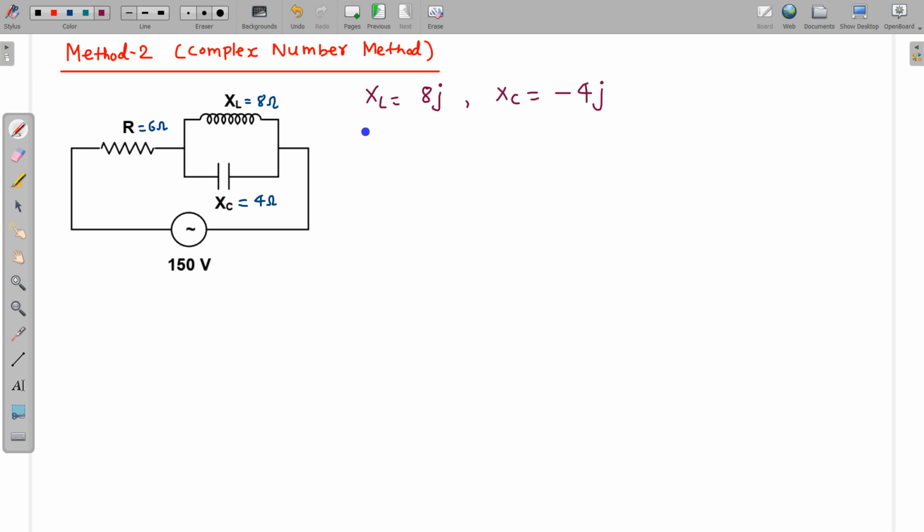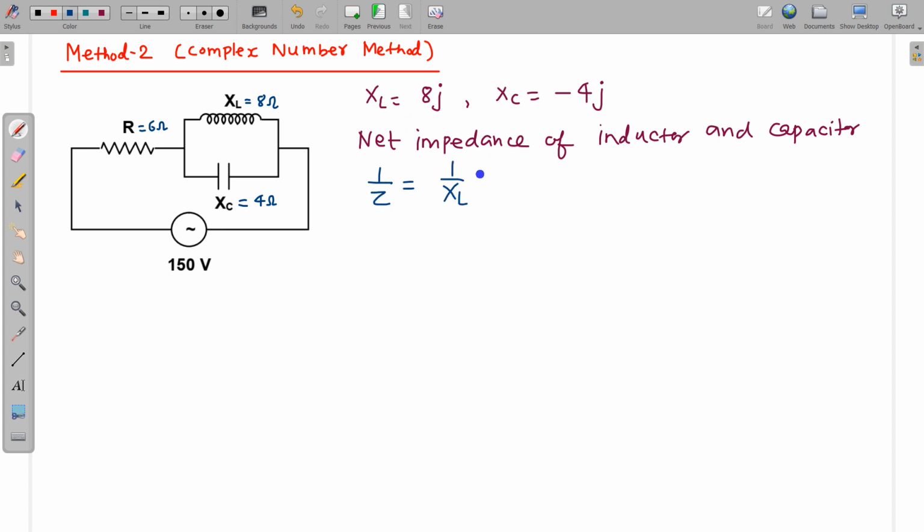So the net impedance of this inductor and capacitor. Because this is in parallel, we have to use the formula 1 by Z. So 1 by Z is 1 by XL plus 1 by XC. 1 by XL is 1 upon 8j, and this is minus 1 upon 4j.